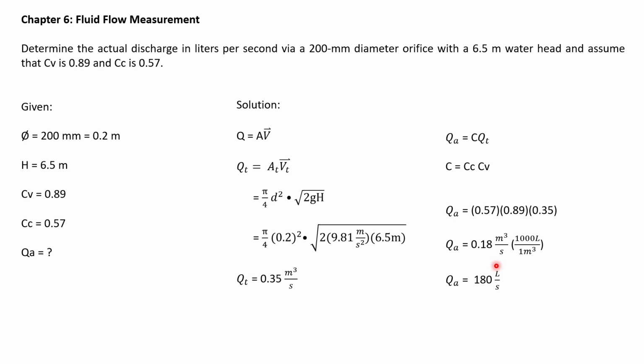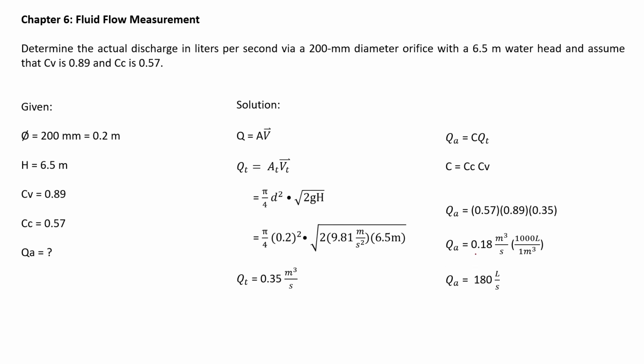We are looking for the answer having a unit of liters per second, right? So let's convert cubic meter per second to liter per second by multiplying 1000 liters over 1 cubic meter. So 0.18 cubic meter per second times 1000 liters over 1 cubic meter.